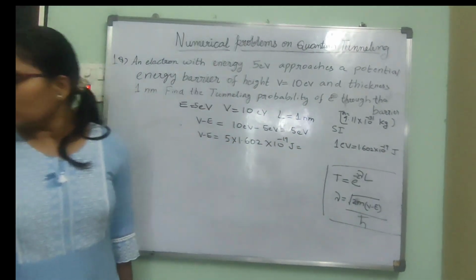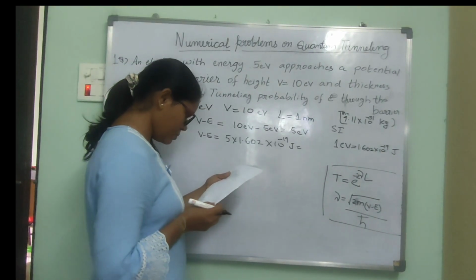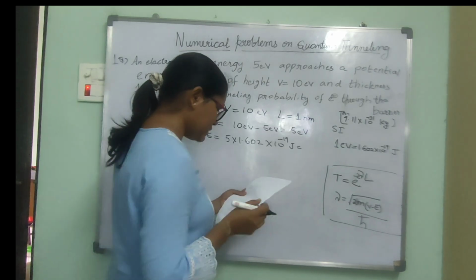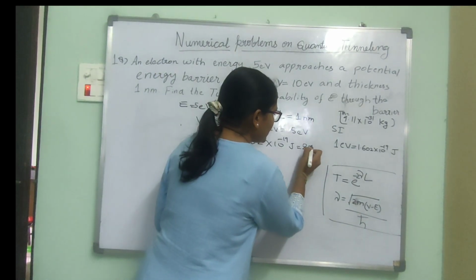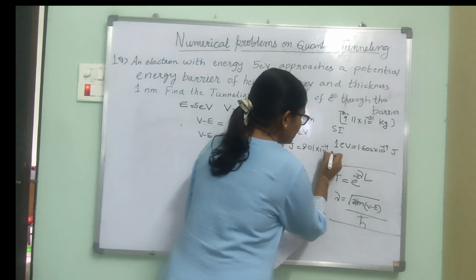So this value I have solved and it comes out to be 8.01 into 10 power minus 19 joules.